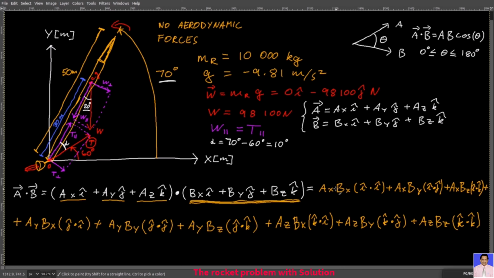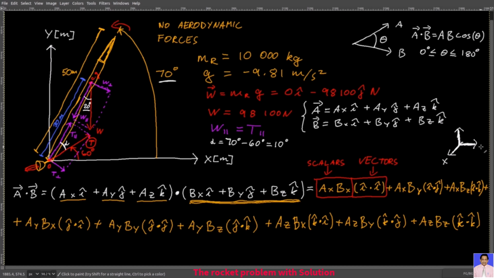And now you have many terms here, but in each term, these are scalars. They have no direction, and therefore you just get a scalar when you multiply them together. But then these are vectors. They do have a direction. These are your unit vectors. Their magnitudes are 1, but they have a direction.